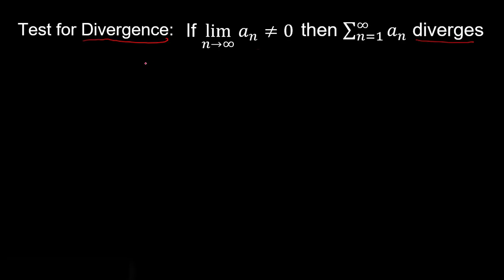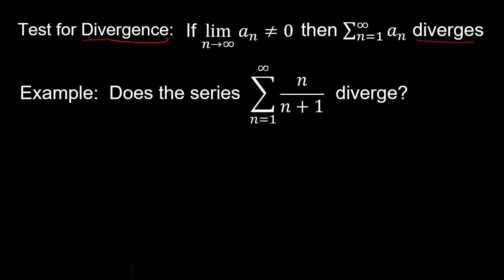But let's go ahead and apply that to our sequence and see how it works out. So for example, does the series, the infinite sum of n over n plus 1, diverge? We found out earlier that this equals infinity. But let's apply this criteria here, look for this limit, see what it equals, and go from there. First we want to take the limit of a sub n as n approaches infinity.